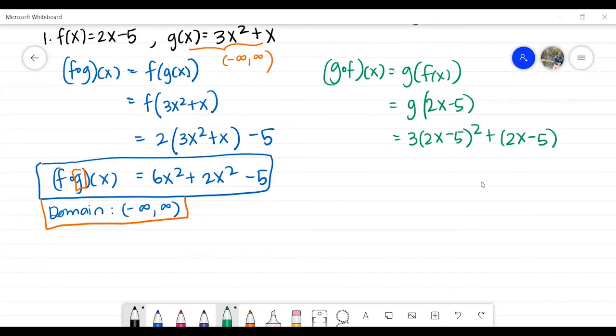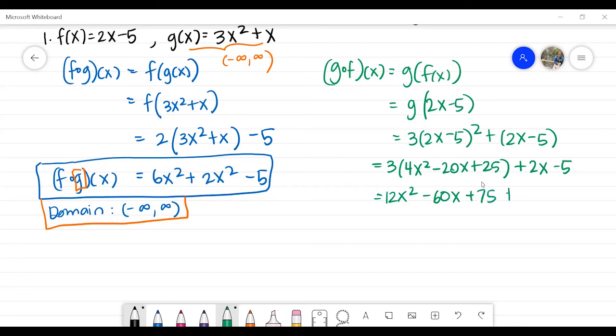So if we clean this up, we get 4x squared minus 20x plus 25 plus 2x minus 5, and you get 12x squared minus 60x plus 75 plus 2x minus 5. So you end up with 12x squared minus 58x plus 70.